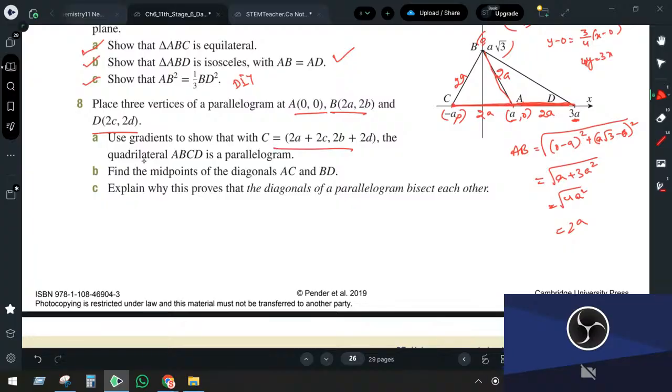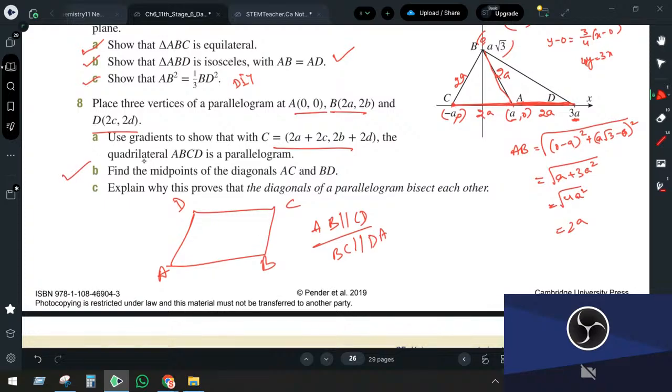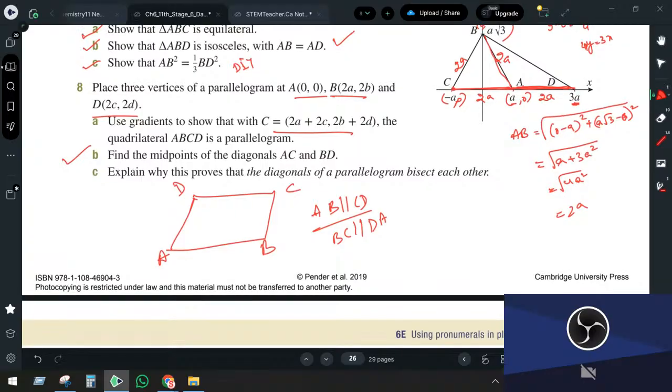Okay, using gradient means what is the gradient condition of the parallelogram? If this is A, B, C, D, AB is parallel to CD, both gradients have to be the same. BC is parallel to DA, both gradients are to be the same. Then take the midpoint of the diagonals AC and BD.